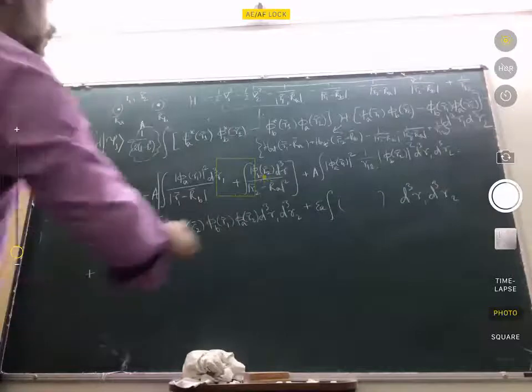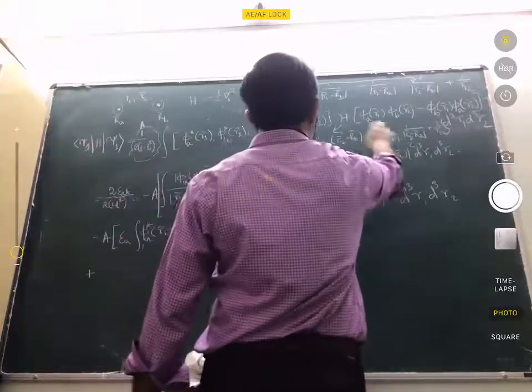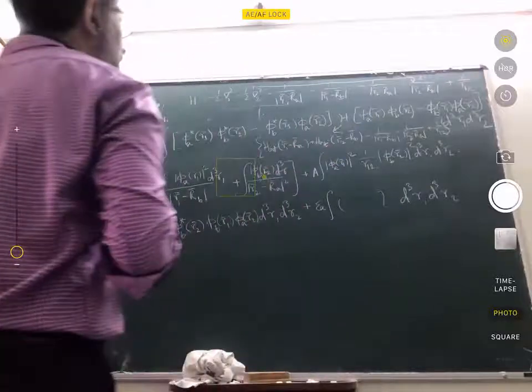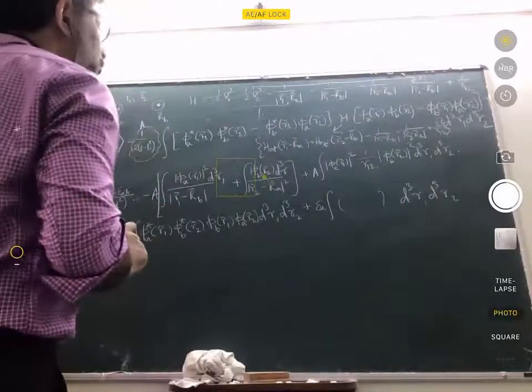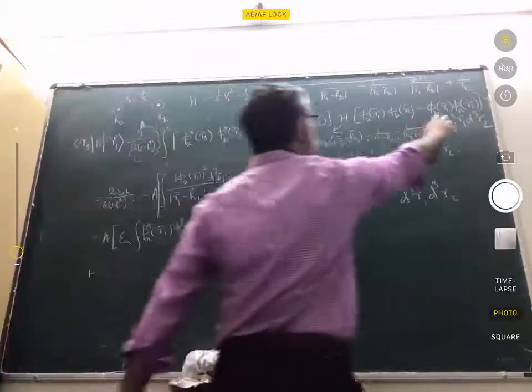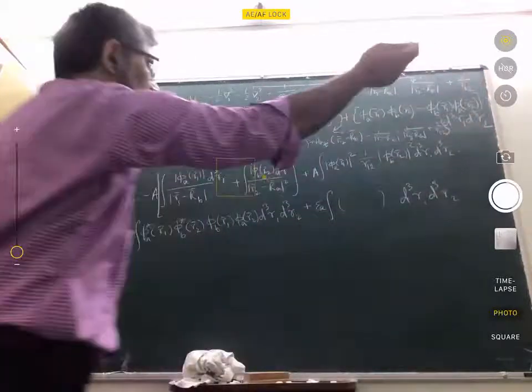So what does it give? So when I take RB, I cannot perform the R1 integral because I have 1 over R1 minus RB here. But I can do the R2 integral. And what do I get when I do the R2 integral? Phi B star over here, phi A over here. So it will give me the overlap integral.